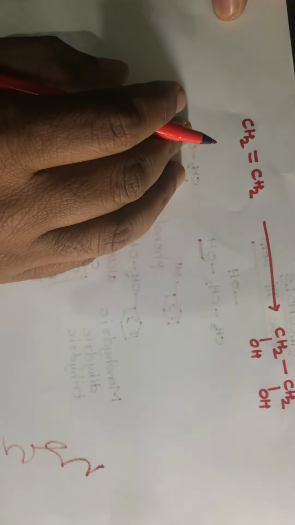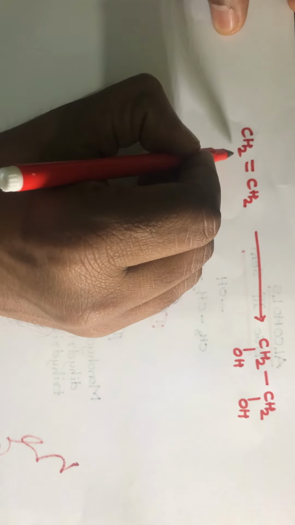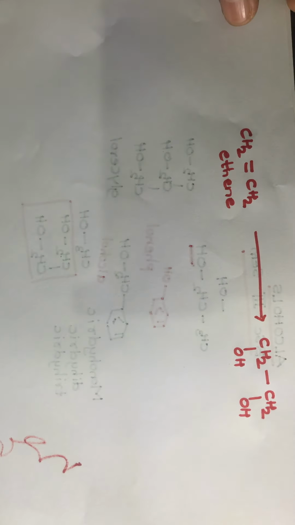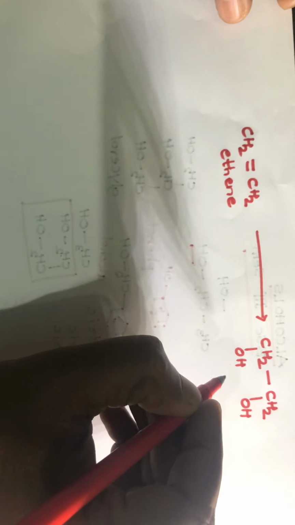Ethylene glycol means I want to prepare this molecule. So this is ethene, and this is ethylene glycol. I want to prepare ethylene glycol from ethene.